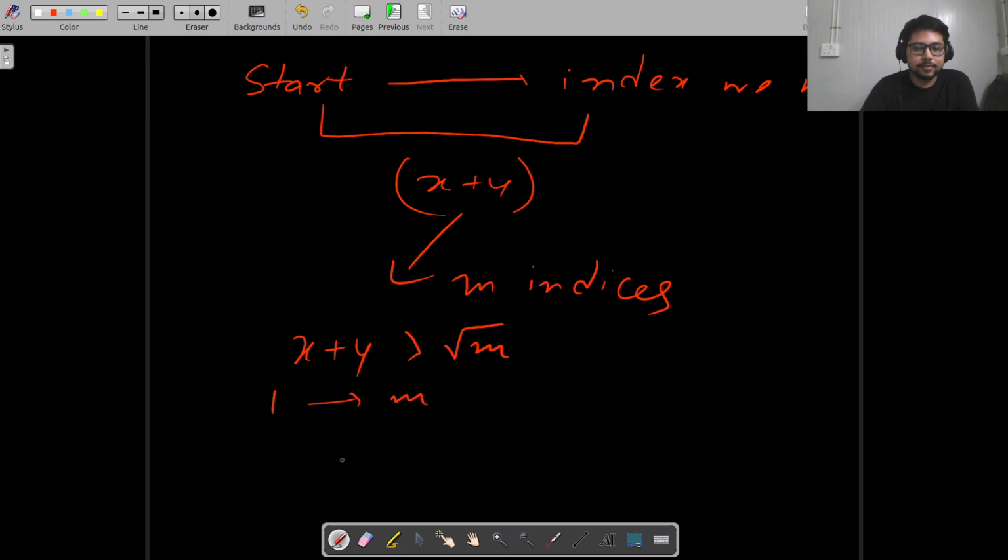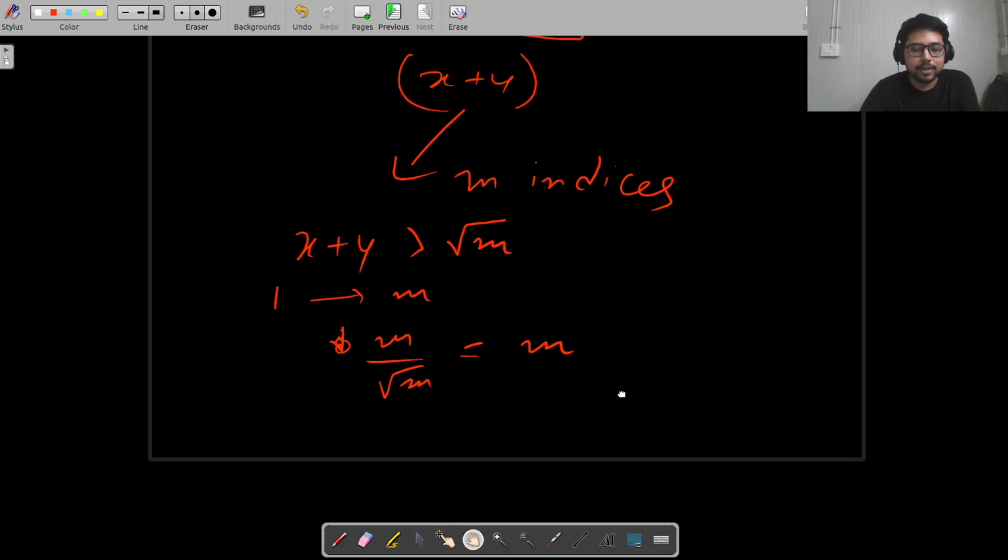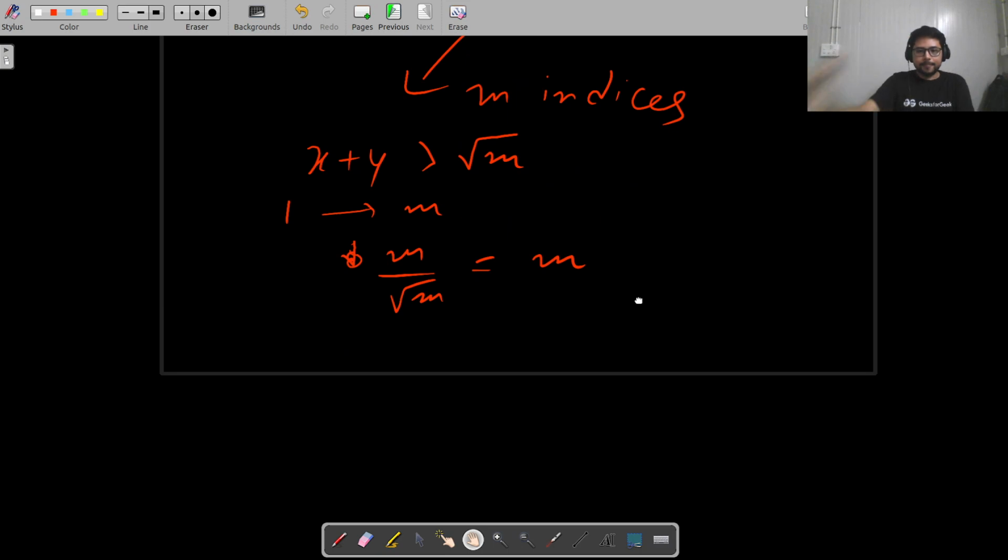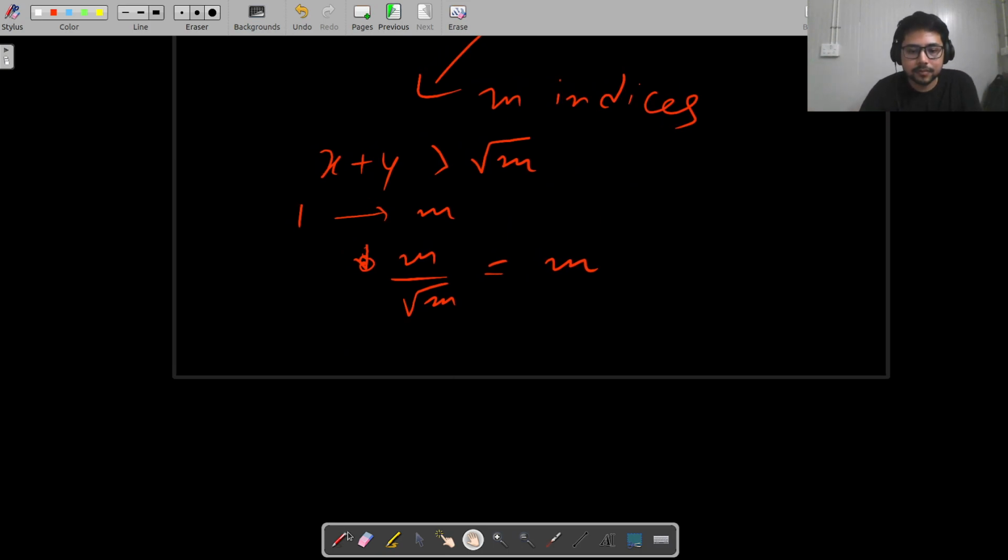The entire segment can eventually be divided into m by root m, which is again root m parts. Okay, it kind of makes sense.